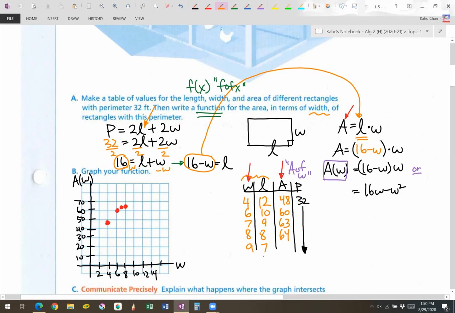Well, 9 and 7 are 63 again. These match, don't they? So it looks like it's going to drop back down. In fact, it mirrors the numbers that are already in the table already, 10 and 6. And 12 and 4 will give you the same areas.